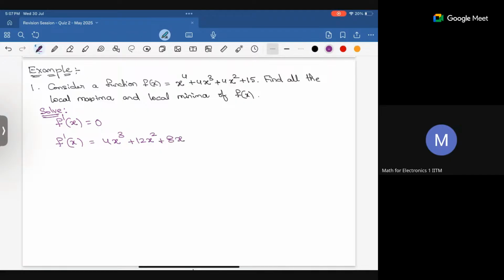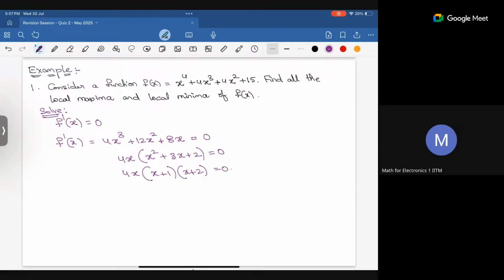Right. If I equate it to 0 and pull out 4x common, I'll have x square plus 3x plus 2 equals 0. Now x square plus 3x plus 2, I can factorize it. It will just be x plus 1 into x plus 2 equals 0.